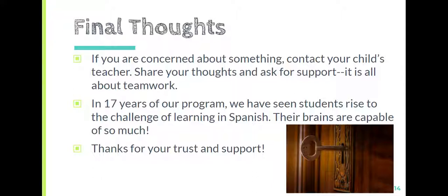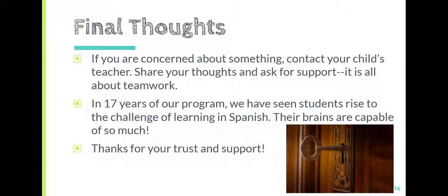We also wanted to let everyone know that this is the 17th year of our dual language program. And year after year, we have seen students really rise to the challenge of learning Spanish. And we've seen that their brains are really capable of so much. It's common to be worried about or considering, did I make the right decision?